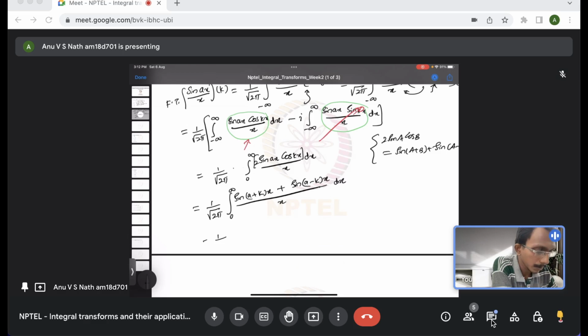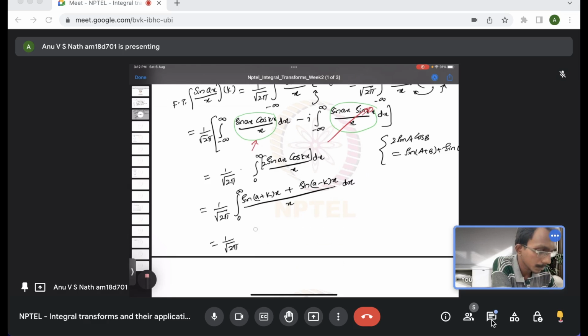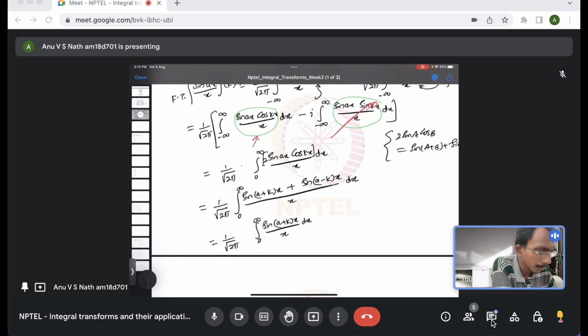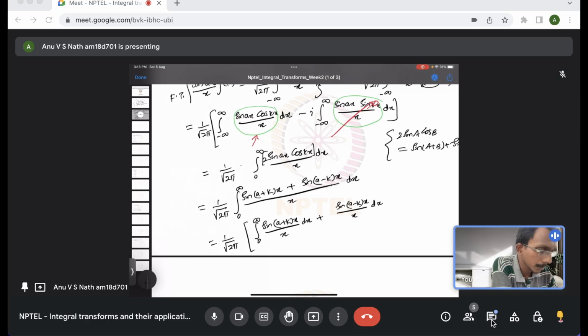This also we can split into 2 separate integrals. It's sin of (a plus k) times x by x dx integral 0 to infinity, plus sin of (a minus k) times x by x dx integral 0 to infinity.